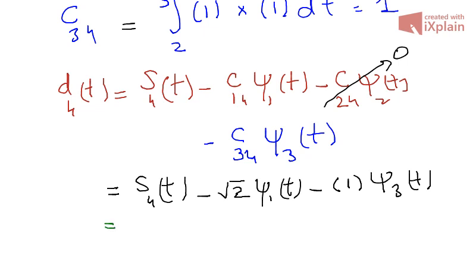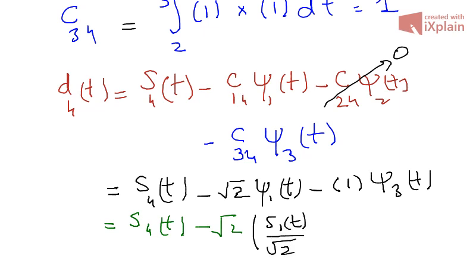Now under root 2 times psi 1 of t is actually S1 of t, since psi 1 of t is given by S1 of t over square root 2.